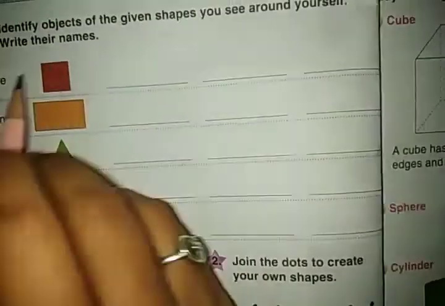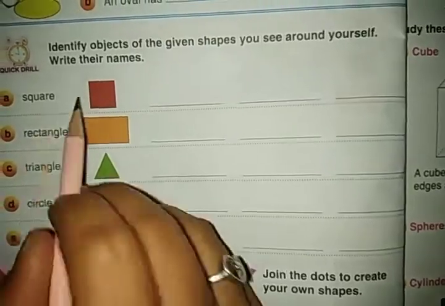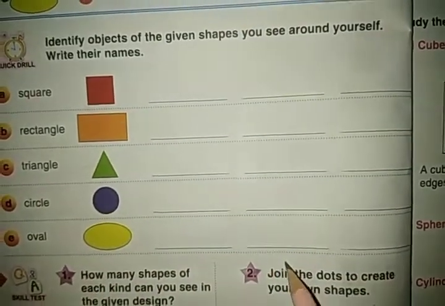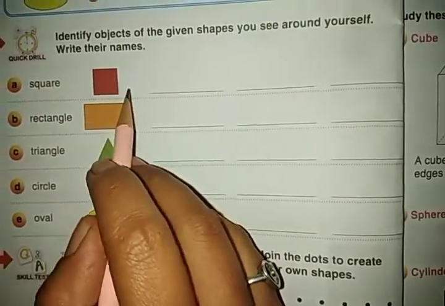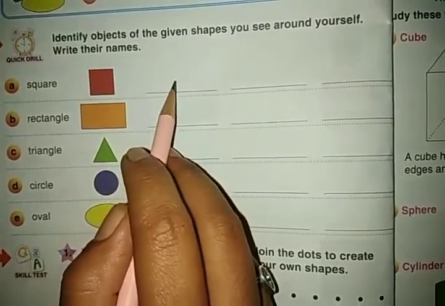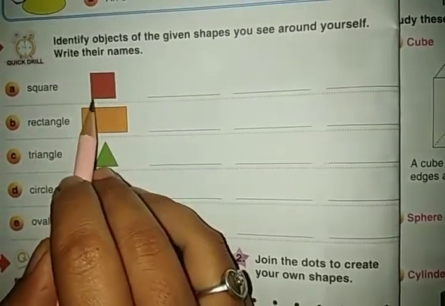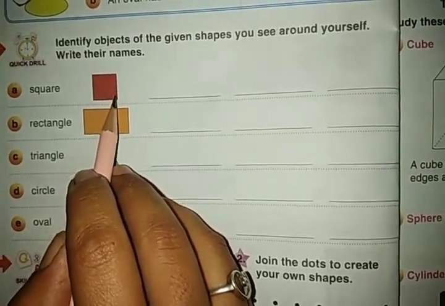Examples for square we need to write here. Examples for rectangle, triangle, circle and oval we need to write. Now you need to write the names of the objects which are square in shape.